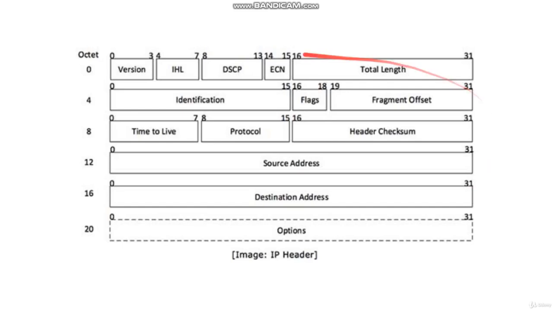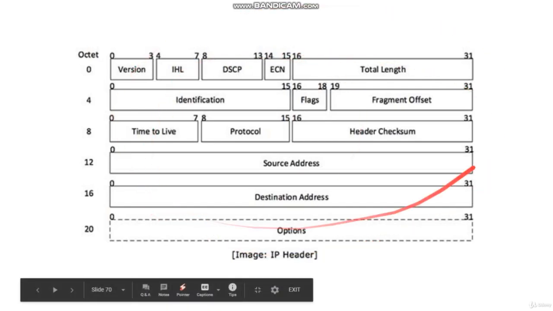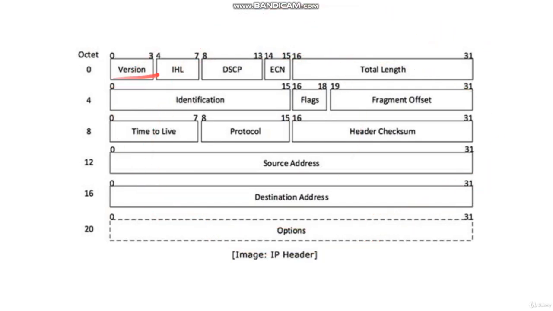Now let us see what this IP header has got for us. You can see this is a 32-bit IP address, IP header. We have seen that IP address is 32-bit. So what is version? These 4 bits define the version of the protocol used, for example IPv4 or IPv6. The internet header length, that is IHL, defines the length of the entire IP header.